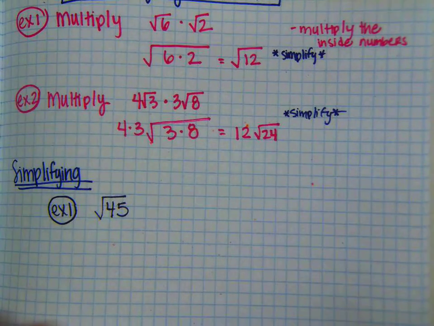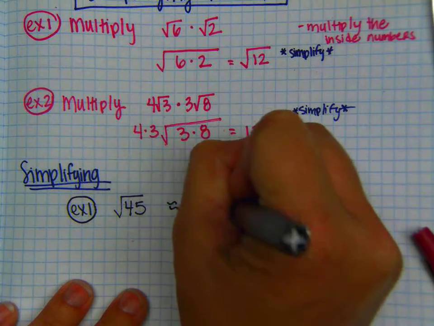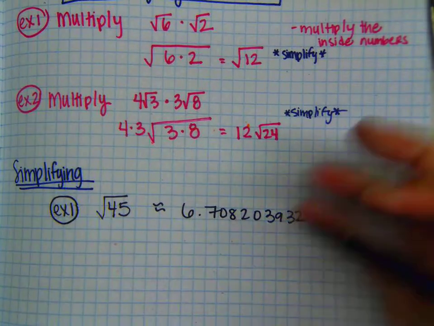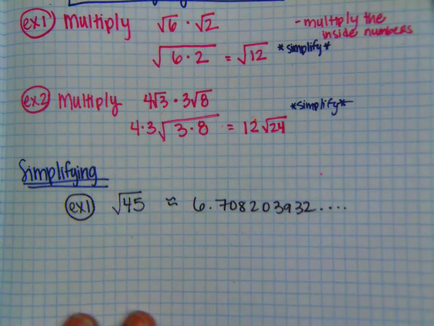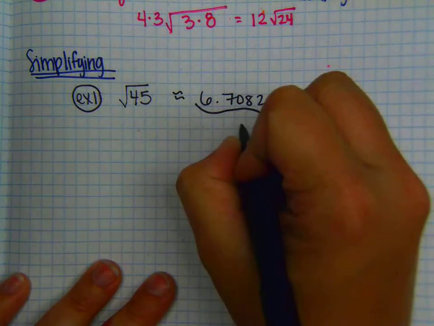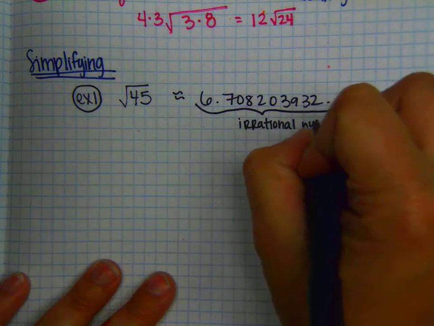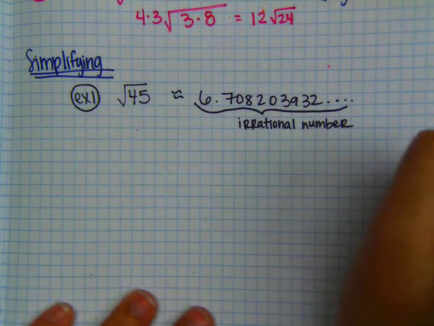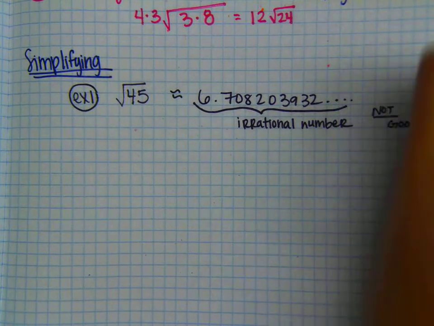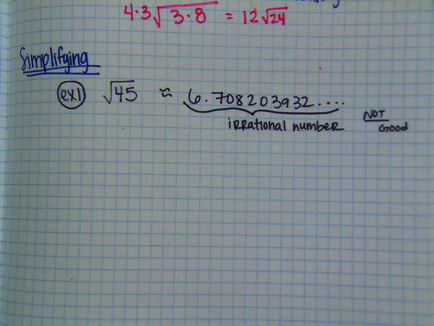This is approximately 6.708203932, but it actually goes on longer than that, and that's called an irrational number. And irrational numbers, they're not good. Because I can't work with that. I don't know what the end of that number is. It goes on forever, right? So that's a bad number.